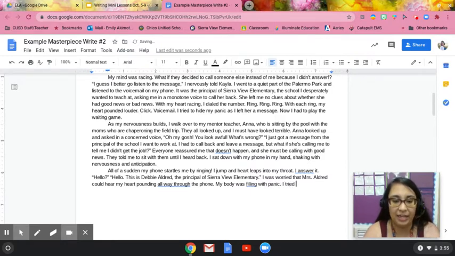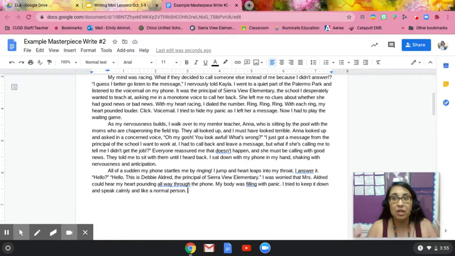I tried to keep it down and speak calmly and like a normal person. So I'm using these details of my heart pounding, my body filling with panic, trying to keep it down. Those are all sensory details. I'm talking about my senses. And it really helps convey in that moment how much I was kind of freaking out.